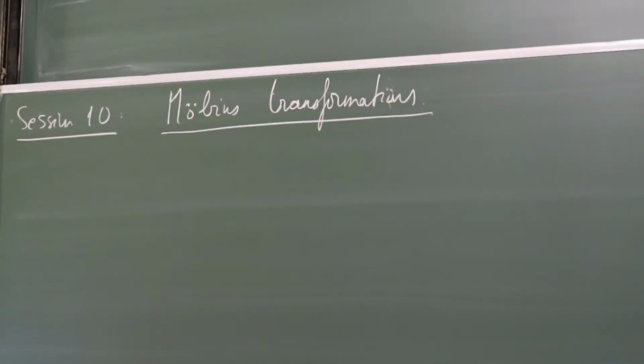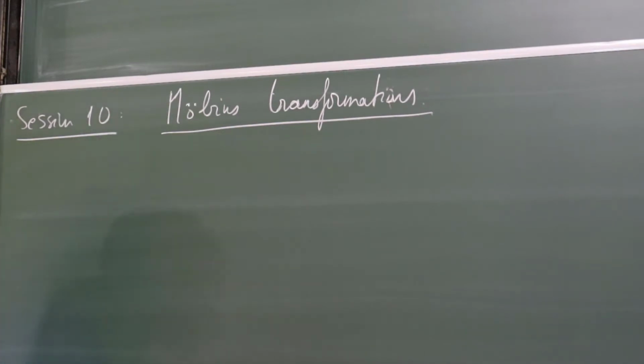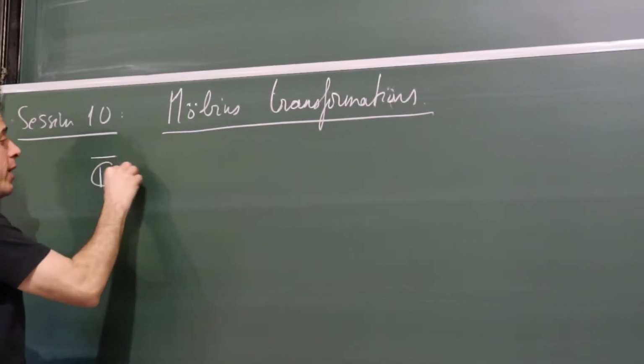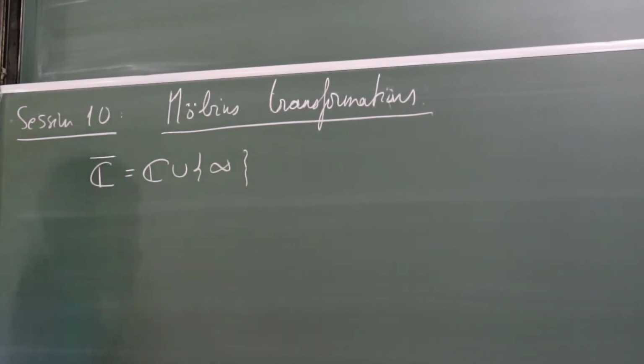Recall that in the last session we introduced Möbius transformations, trying to study the set of holomorphic automorphisms of the Riemann sphere, the complex plane plus the point at infinity.